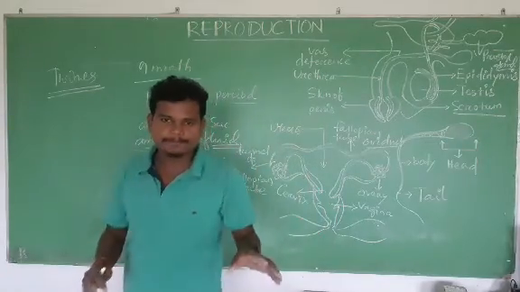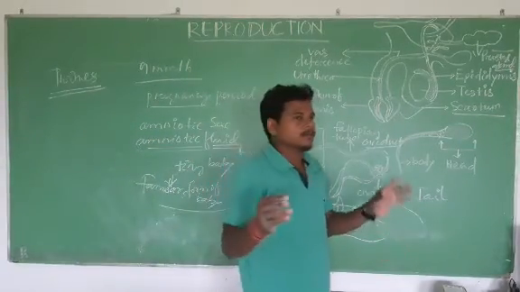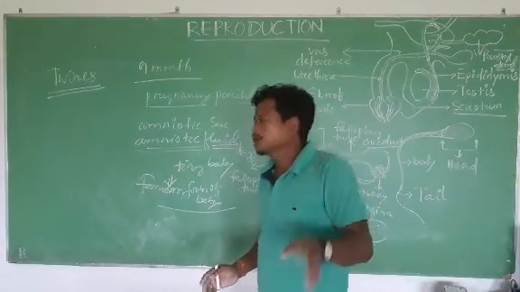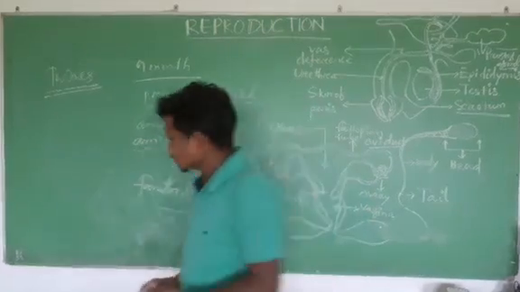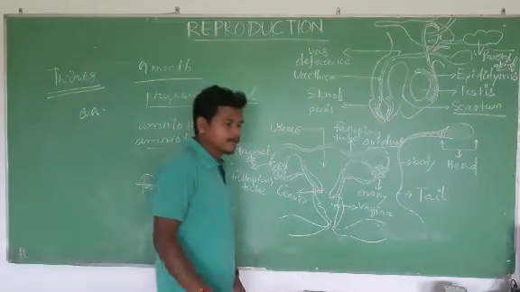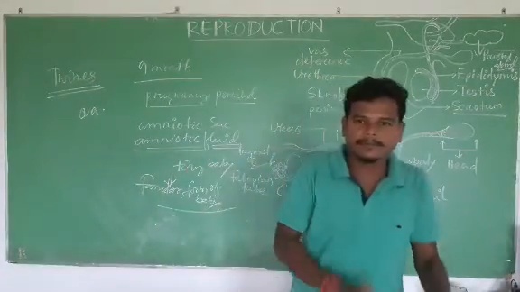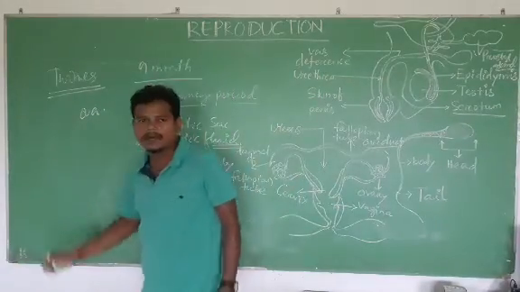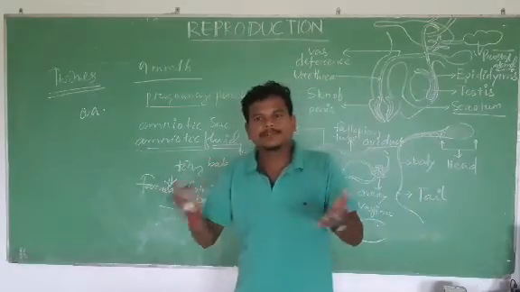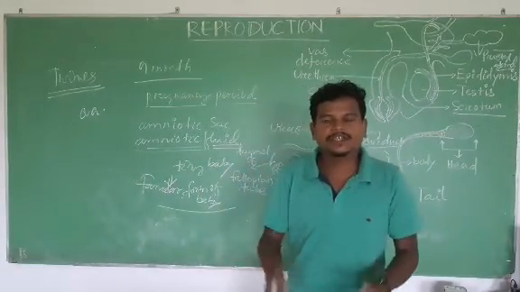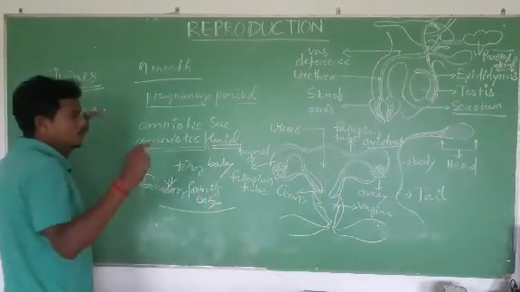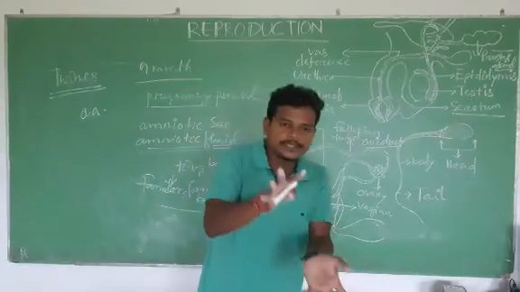Twins occur when a female produces a single egg in the ovary, or we say ova. When a single sperm fuses with a single ova, a zygote is formed. But sometimes more than one ova get matured at the same time inside the ovary. So both are lining the uterus to receive the sperm.